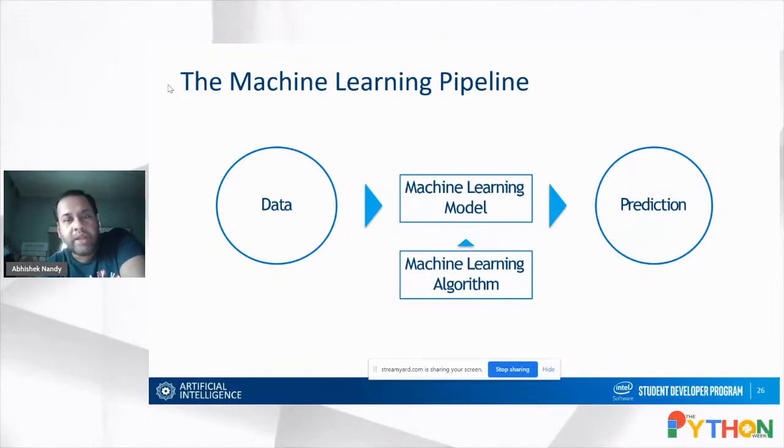But no, until and unless the machine learning algorithm is perfect for us, we cannot create a good machine learning model. So the basis of data is the machine learning algorithm that is being implemented, because unless we have a good machine learning algorithm, we cannot get a good model out of it. After that, we do predictions.